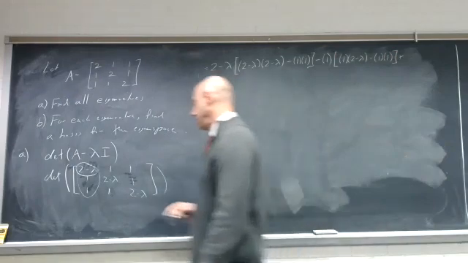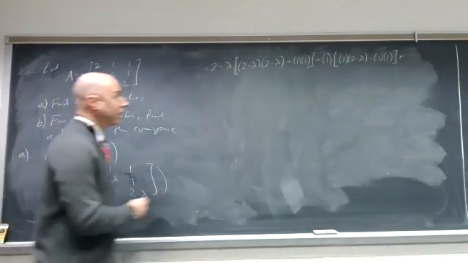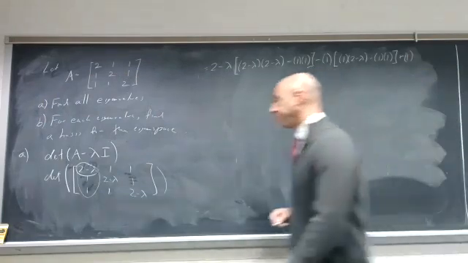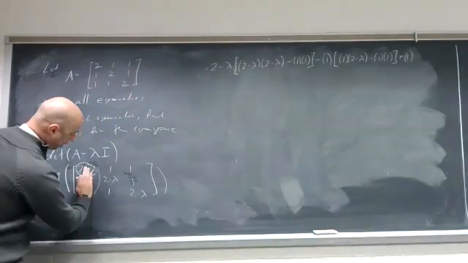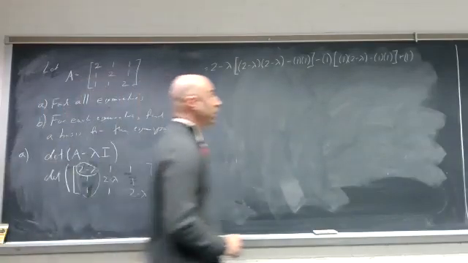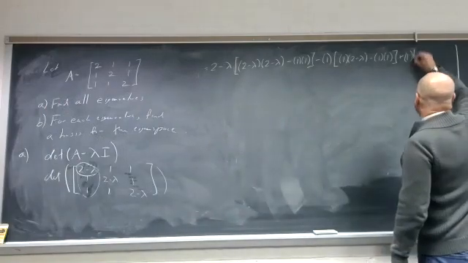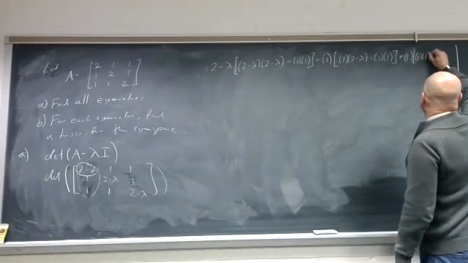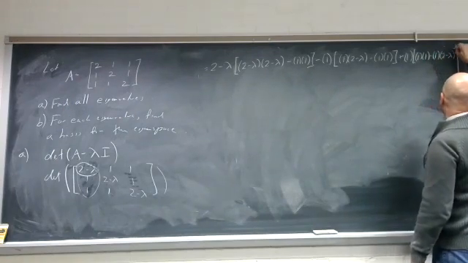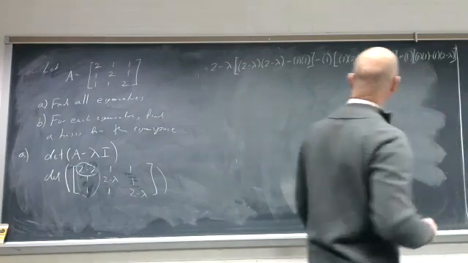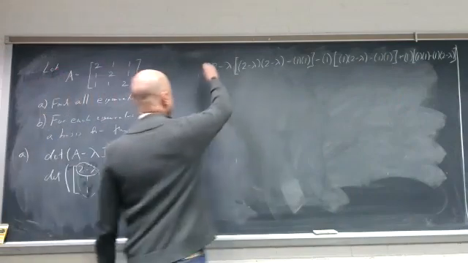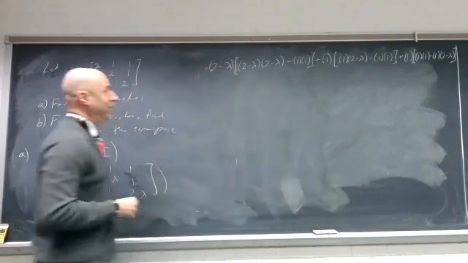Plus this entry, 1, cover up this column, cover up this row, 1 times 1 minus 1 times 2 minus lambda. And it just fits. Oops, forgot to put this 2 minus lambda in parentheses. That was bad of me.